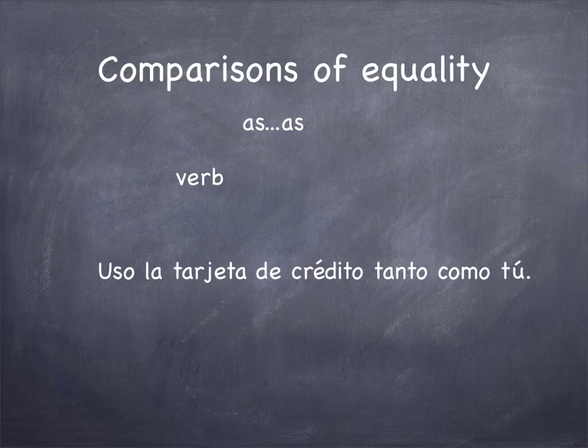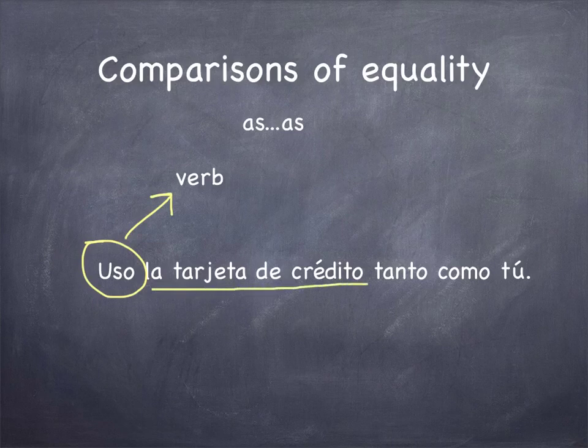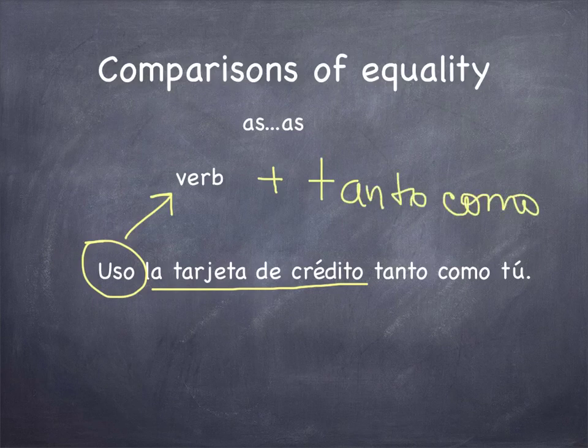So for example, uso la tarjeta de crédito tanto como tú. So we have our verb, uso, then the object that we're going to compare, in this case la tarjeta de crédito, then followed by tanto como.